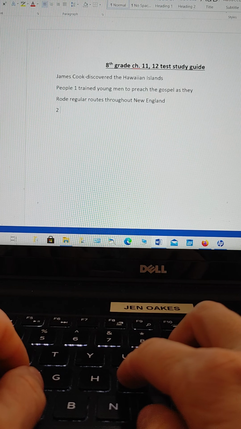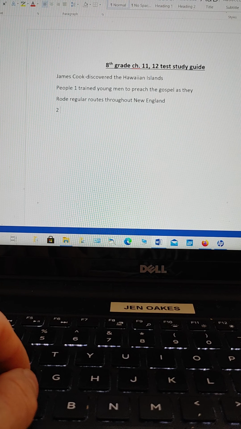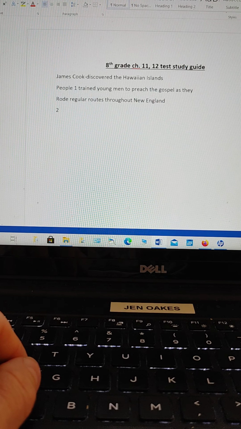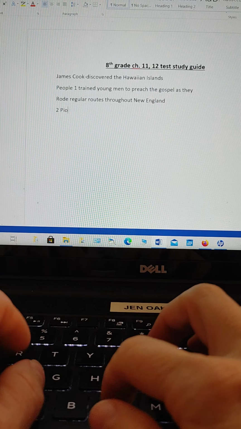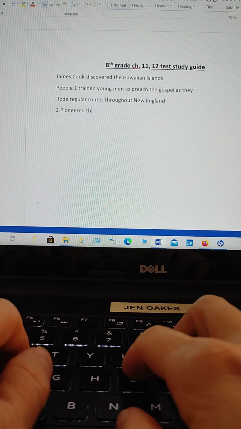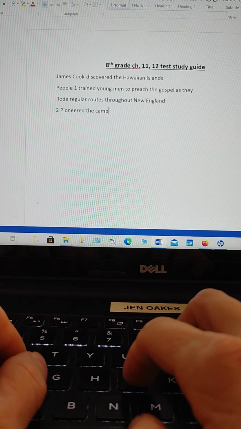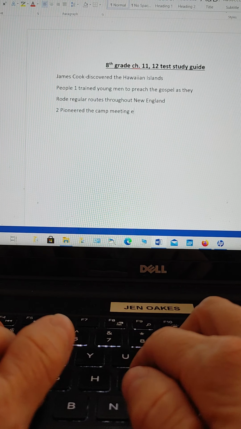People two. Second person was James McGready. James McGready pioneered the camp meeting revival.